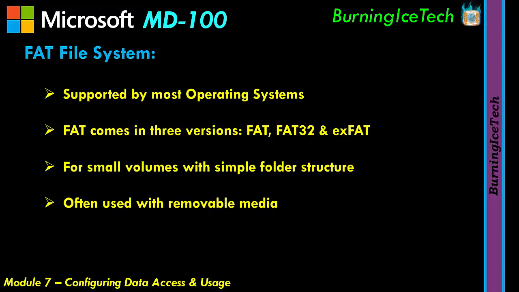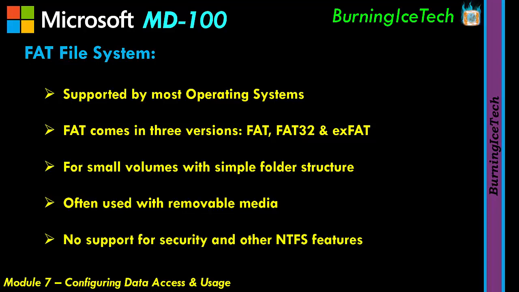Now, since FAT is so old and outdated, it goes without saying that there is no support for security or any other NTFS features. If you were to compare any version of FAT with the NTFS file system, which we're going to discuss next after this in more detail, you will find that obviously many NTFS features are not available with FAT, such as security. You cannot configure any sort of file permissions, nor can you limit the actions of any user on a FAT volume.